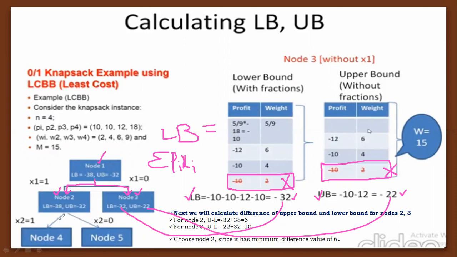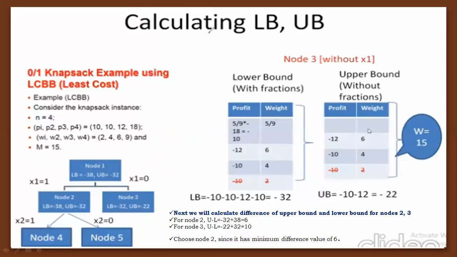So here the concept is, while constructing the state space tree, if you clearly observe, node 2 upper bound and lower bound values are generated, node 3 upper bound and lower bound values are to be generated.